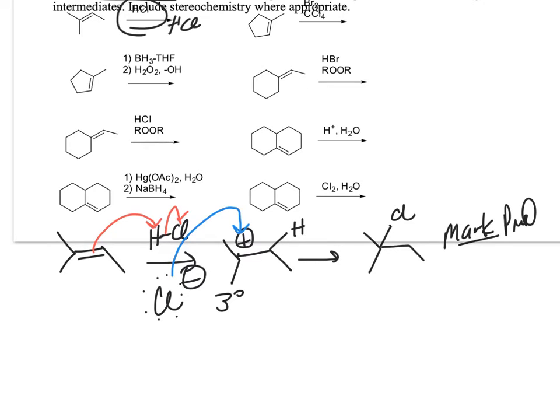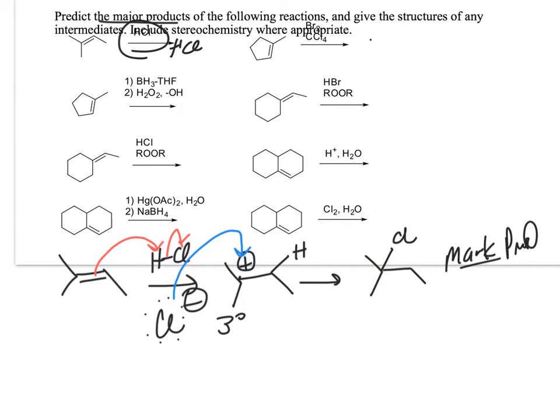The next reaction uses bromine and carbon tetrachloride as the solvent. So this makes the three-membered bromonium ion.